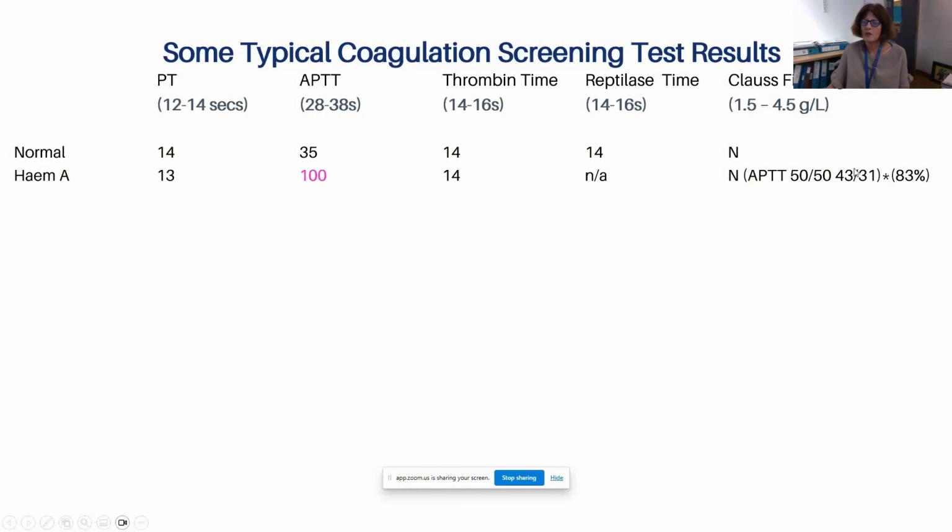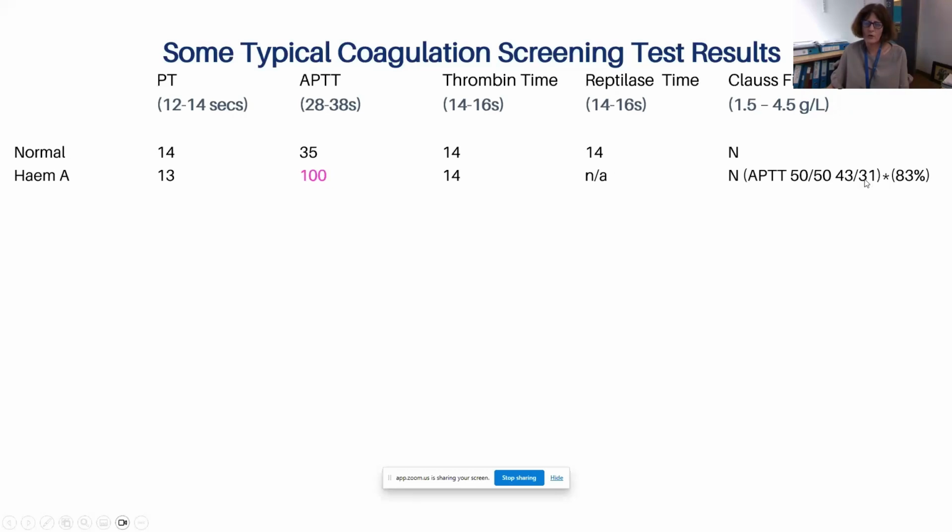We make a mix in a test tube, 50-50, normal pool and patient. Then we do the APTT on that mixture and we get a clotting time of 43 seconds.